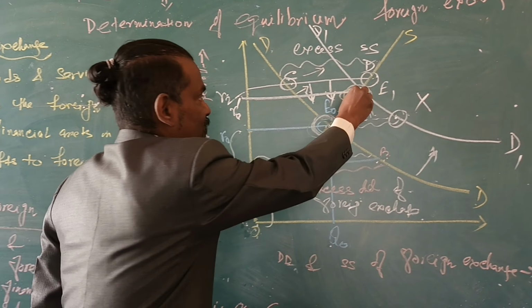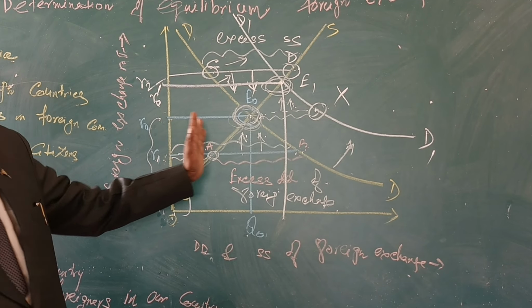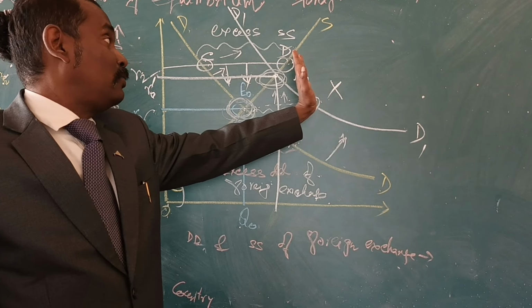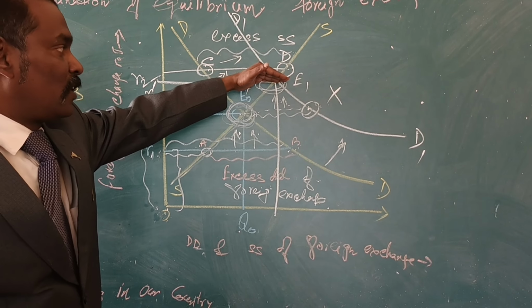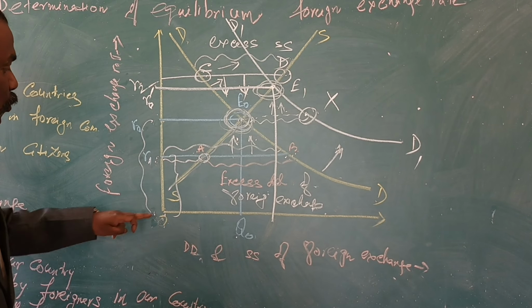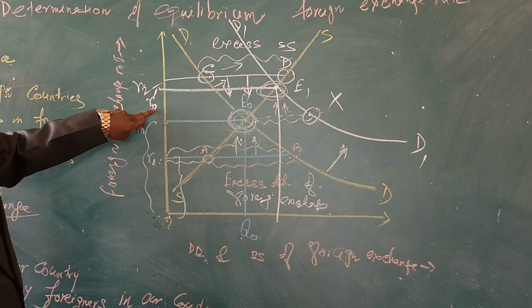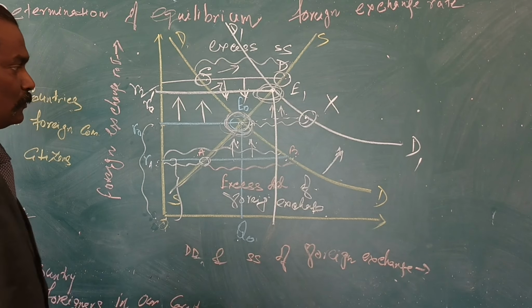So what we can see from here is that if there is a deficit in the balance of payment, the whole demand curve will shift in the rightward direction, which will put an upward pressure on the foreign exchange rate, due to which the new exchange rate will be OR0 dash, which is more than OR0.